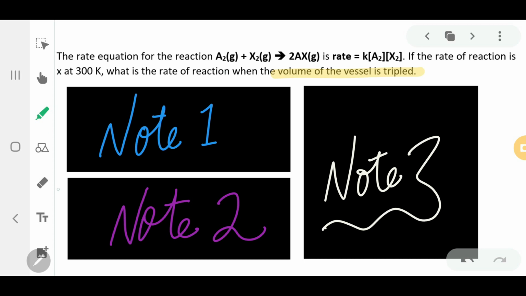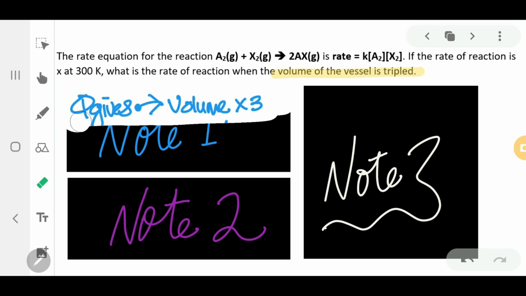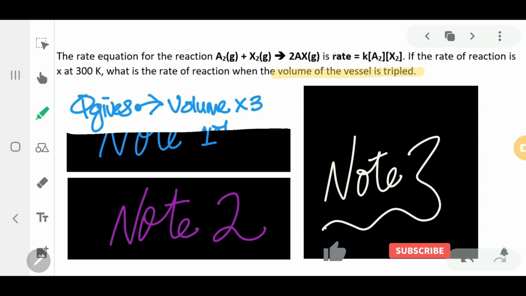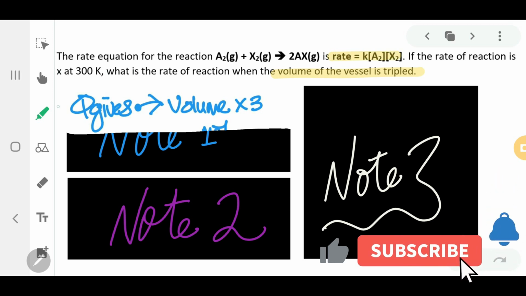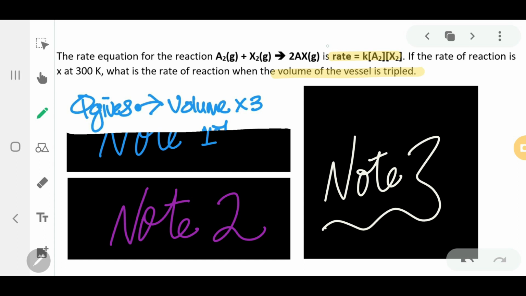But this time, you need to consider a different formula to solve this. The question gives that the volume is tripled, so volume will be multiplied by 3. Okay, so what is the relationship between volume and concentration? We need to find the concentration because the rate right there is in terms of concentration.